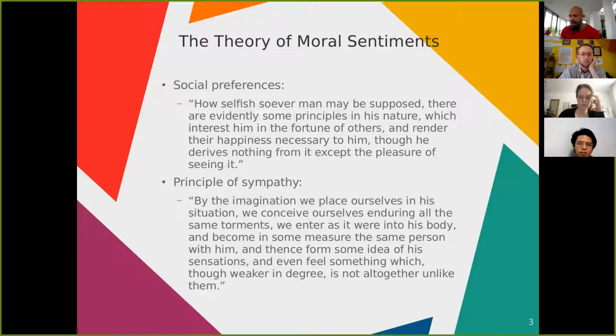So in a sense, Smith is outlining very clearly what has become known as social preferences. This appears to oppose the notion that people are just self-interested.